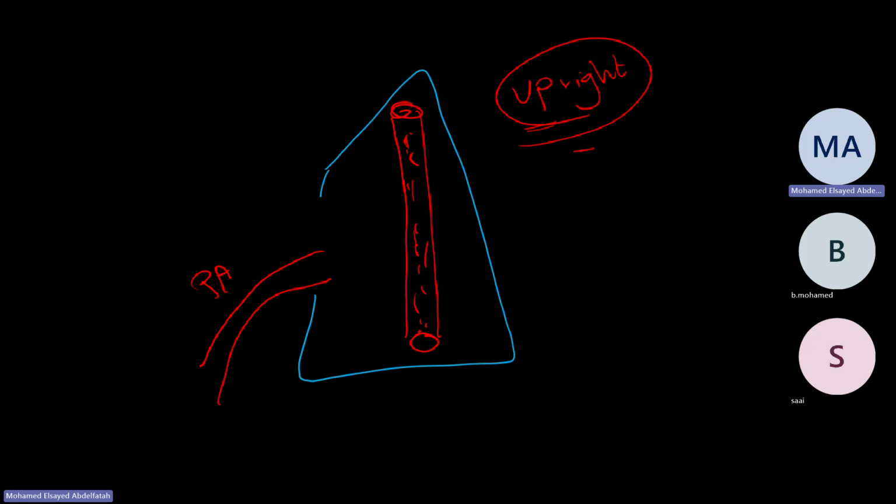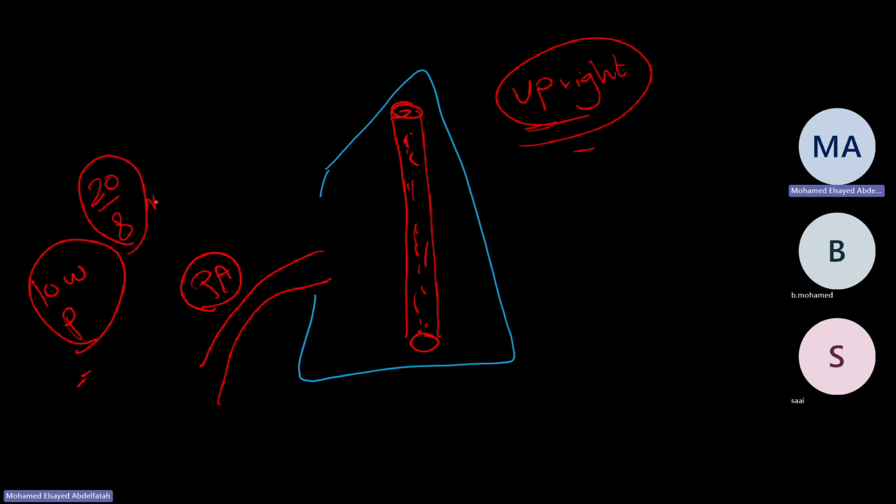The pulmonary circulation is a low pressure circulation; the systolic pressure is around 20 over 8 millimeters mercury, in comparison to the systemic circulation, which is about 120 over 80. Okay?